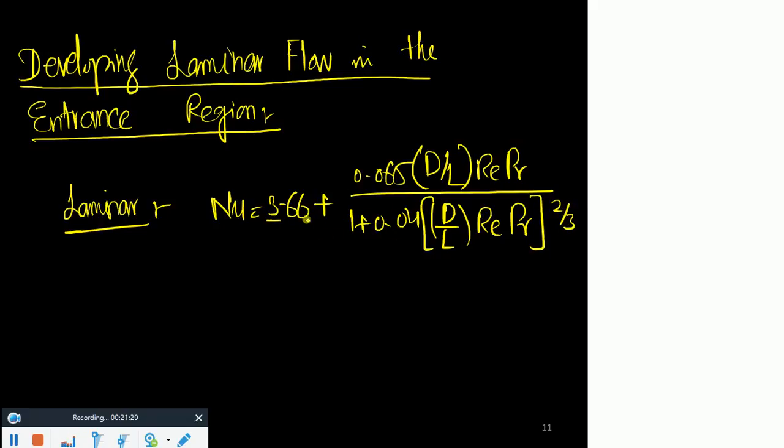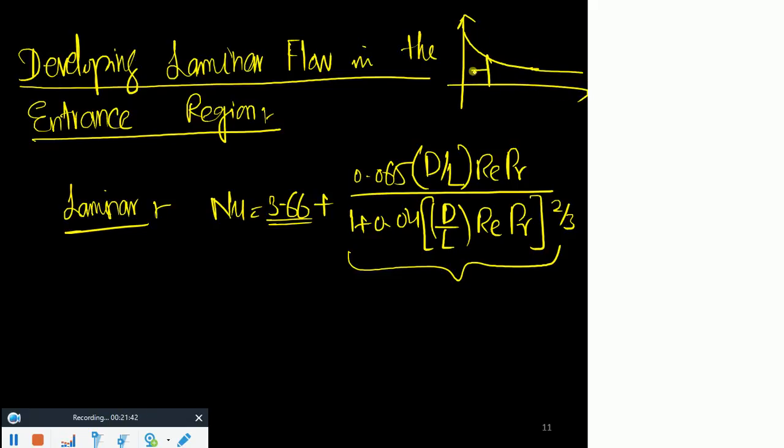Now you see, in the fully developed regime it was 3.66 only, but now there is some additional factor. You remember this plot where we talked about h, which was greater in this region? So that increase in magnitude is taken care of by this factor.